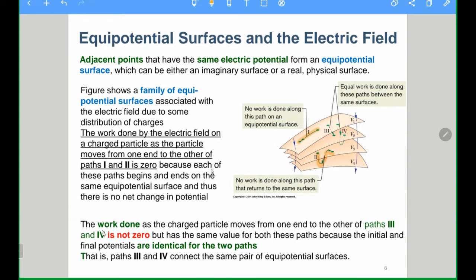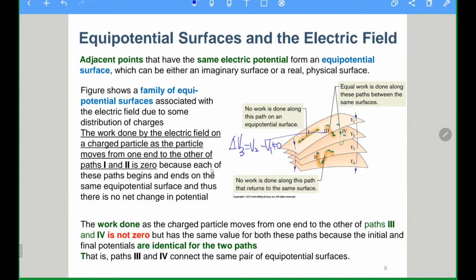And the work done as the charged particle moves from one end to the other end of path 3 and 4 is not 0. So here, this is path 3. It goes from the V1 potential surface to the V2 potential surface. So of course there will be a potential difference. So delta V for path 3 will be V2 minus V1 and is not equal to 0.